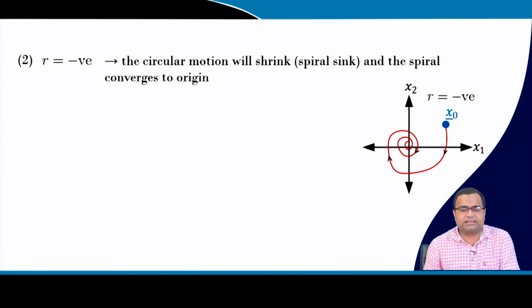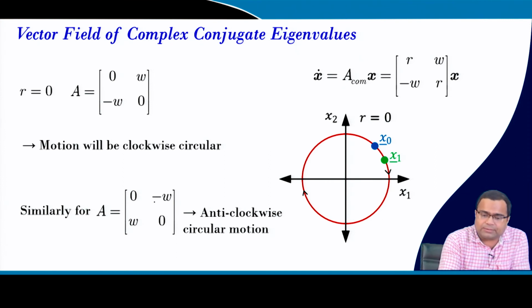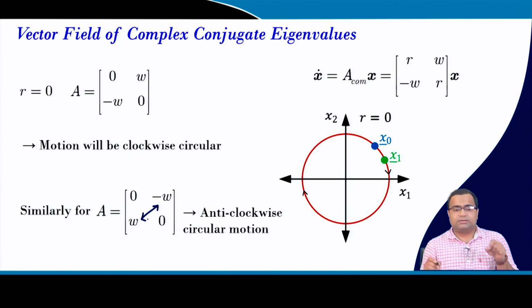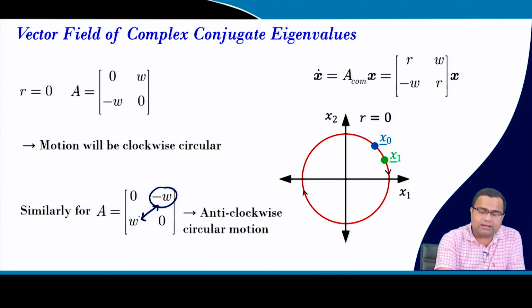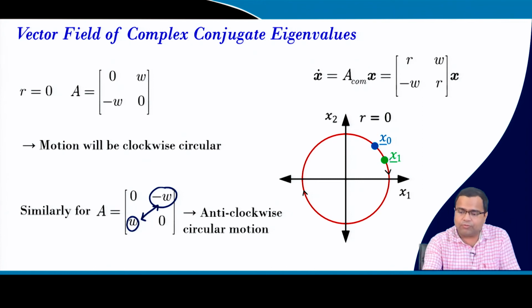Now, suppose you interchange the sign, you multiply with minus 1. So now it is minus omega, plus omega, where omega is a positive quantity. Then it will move, sorry, it should not be like this, it should be here. This is my x1 because it will move in the anti-clockwise direction.